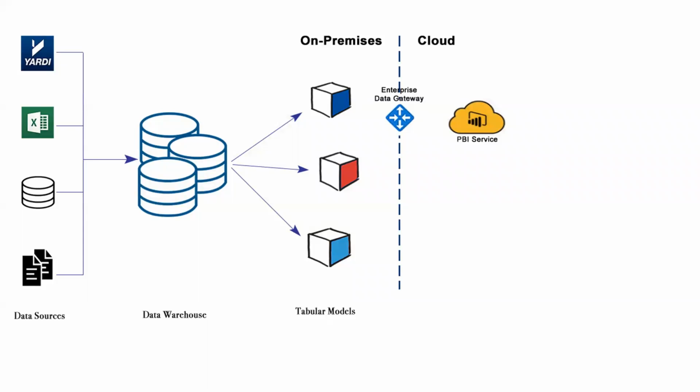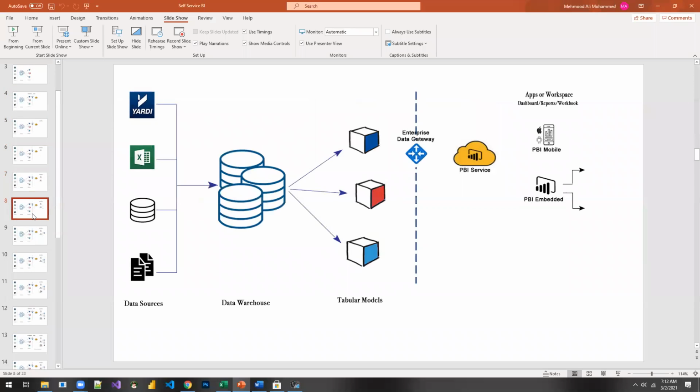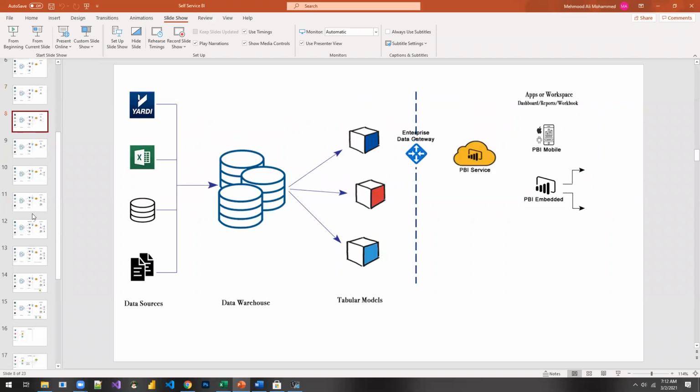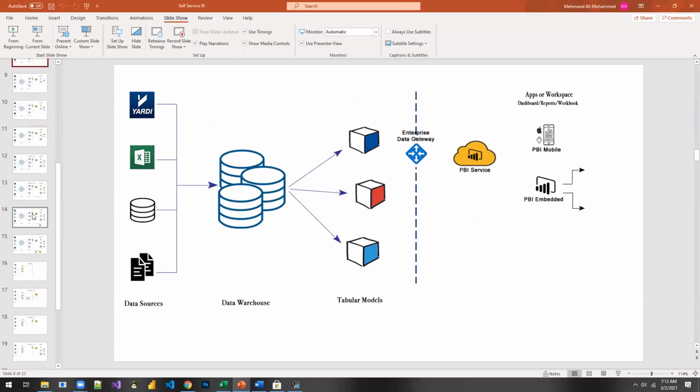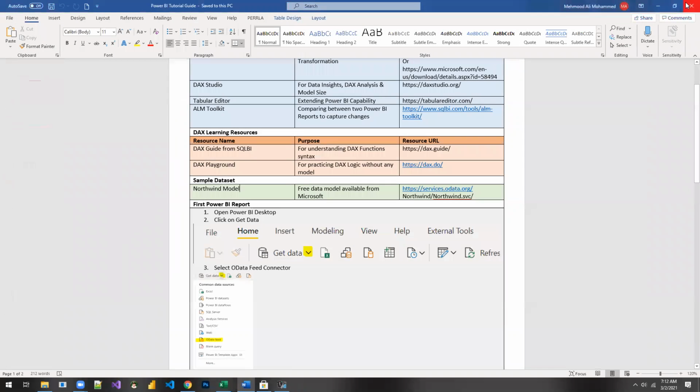Any questions, guys, before I move on to Power BI desktop? Right, so let me quickly see here. Yeah, I think we have other slides which we can try to cover in later sessions.